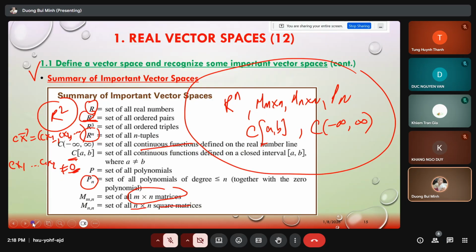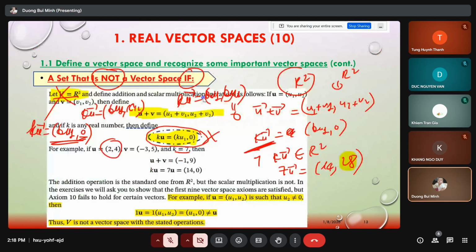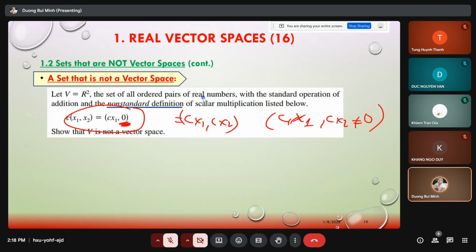But now look, this one we define as 0, right? So this one is not a vector space. It is R2, but it is not a vector space because you define scalar multiplication like this.